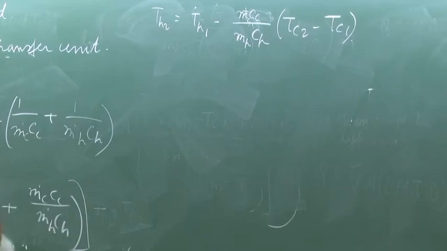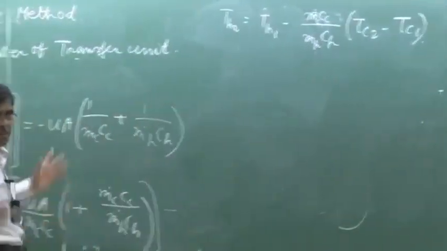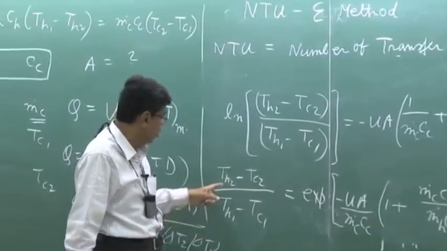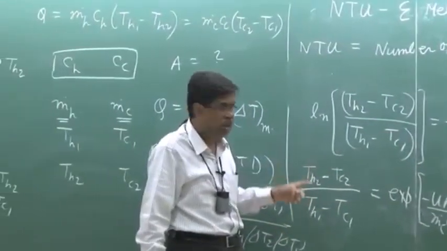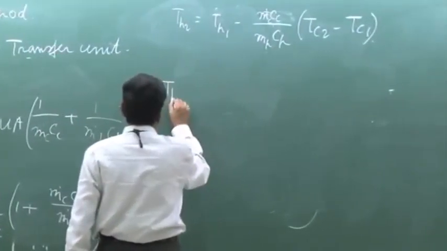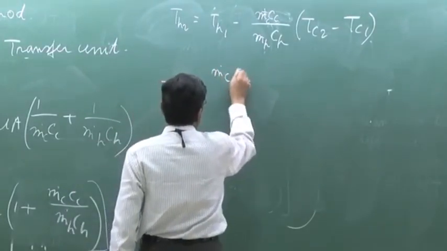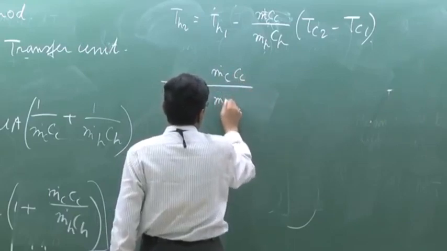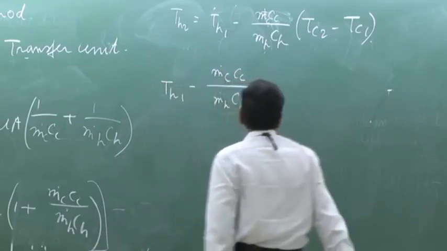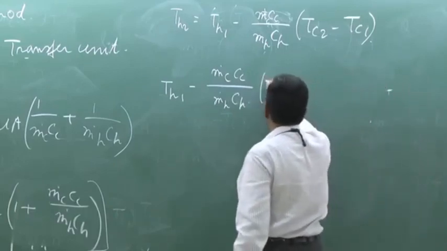Th2 will not work here. You will understand why. All these tricks will be understood at the end. Now, if you substitute this at the present moment, you accept that this way it has to be done. Only follow the algebraic continuity. Th2 I can write as Th1 minus m dot cCc divided by m dot hCh, Tc2 minus Tc1.